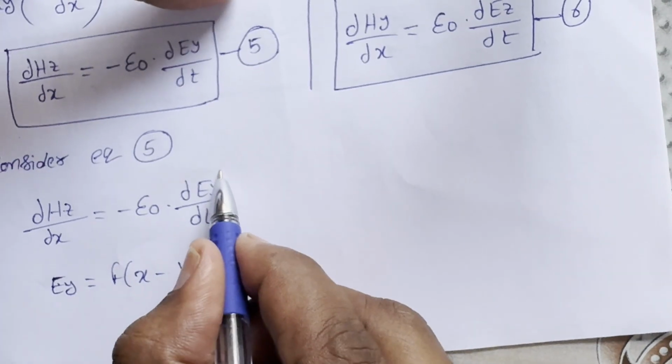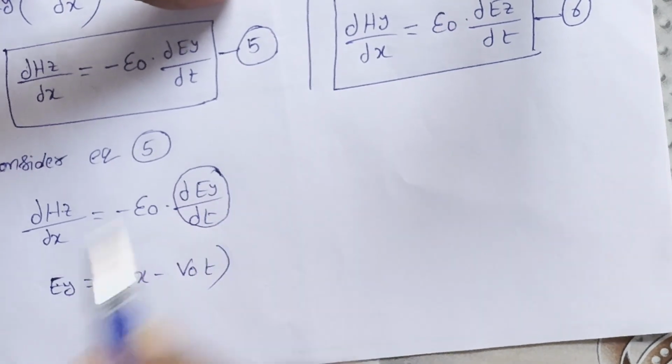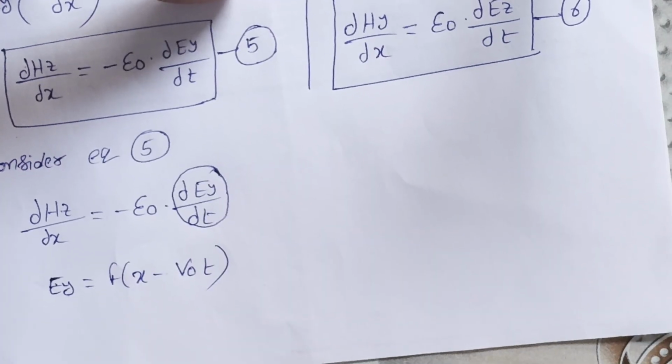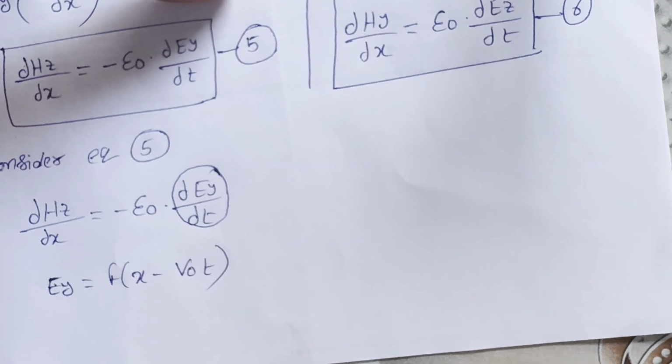Now we need ∂Ey/∂t. That means we have to perform differentiation with respect to t.